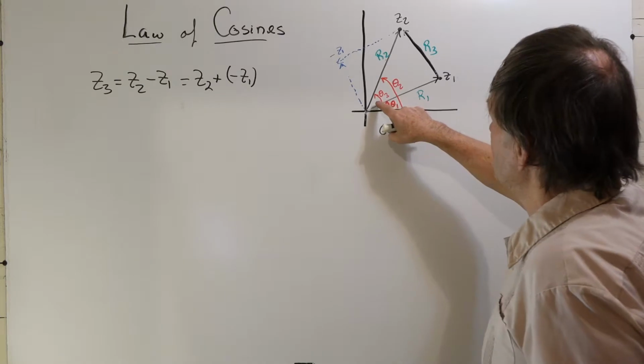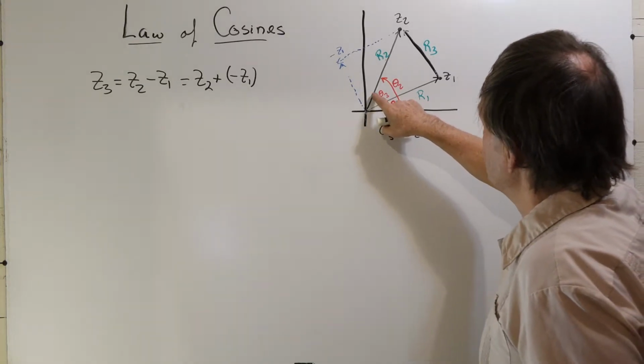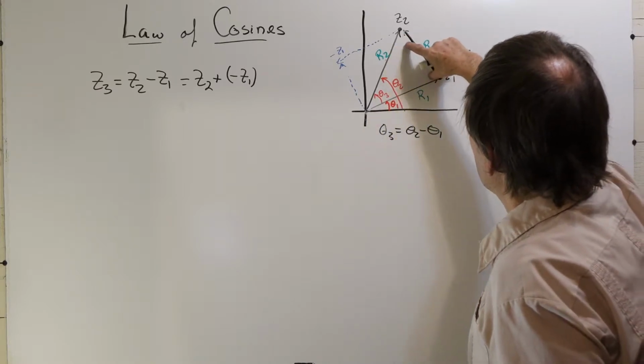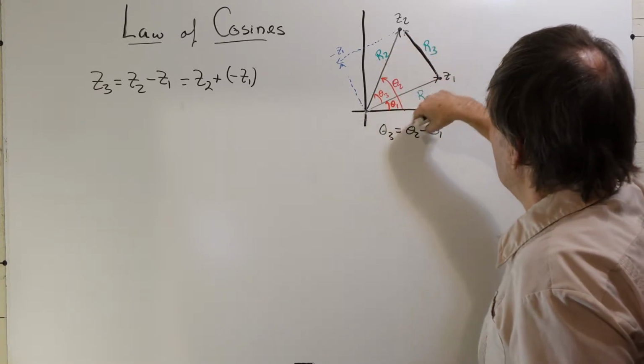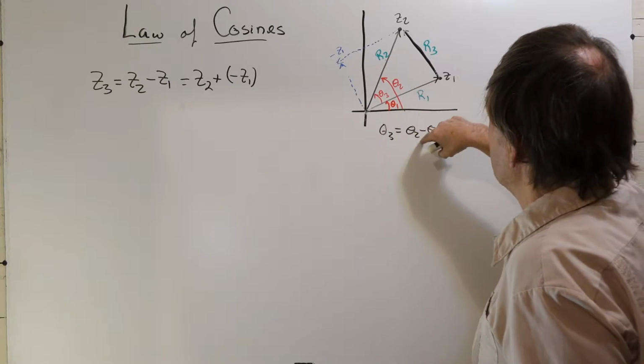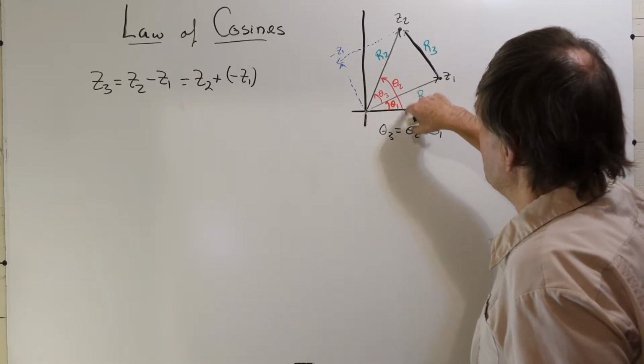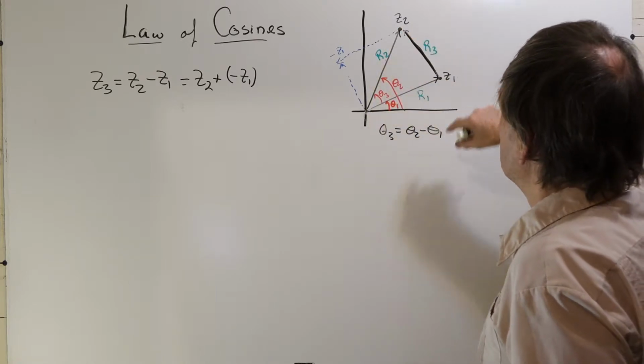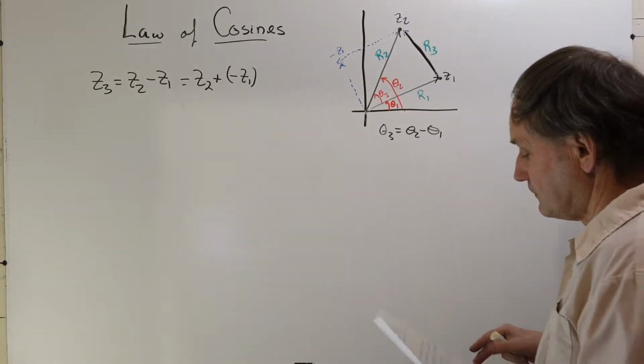And we're only concerned with this interior angle of the triangle. These other two interior angles are not in general represented in it and don't have any relationship to the angles associated with Z1 and Z2.